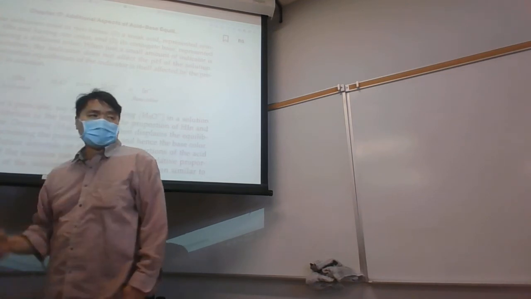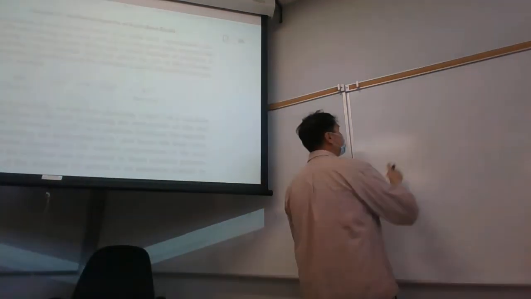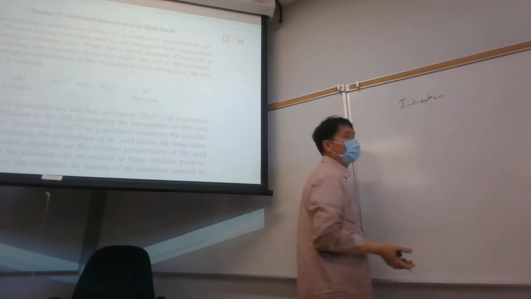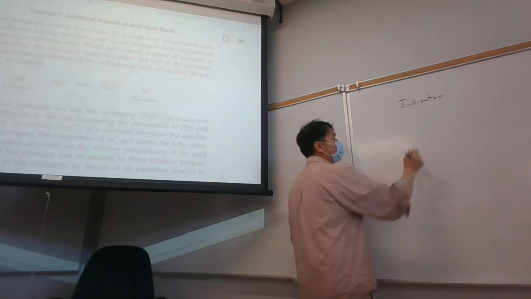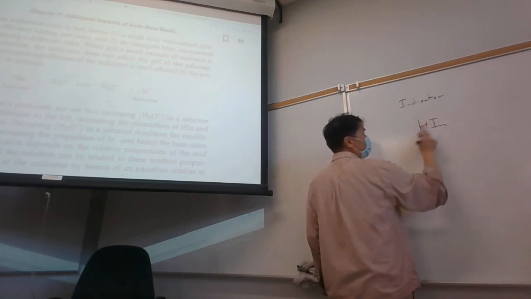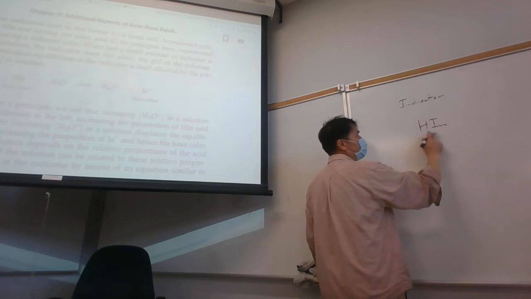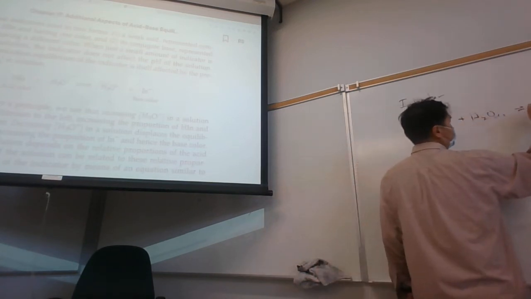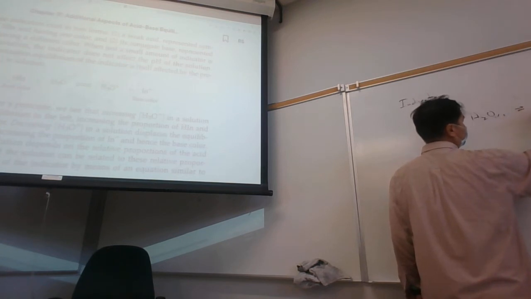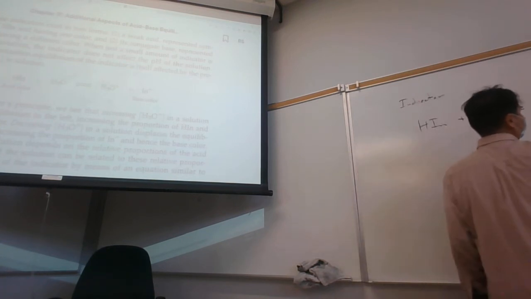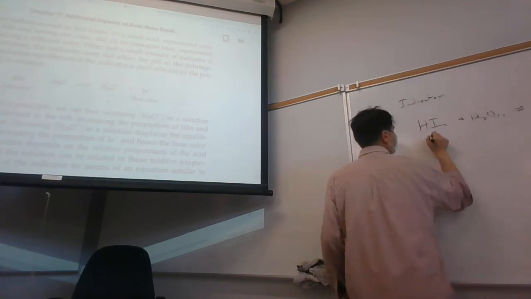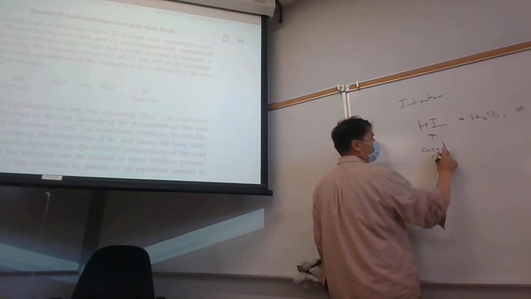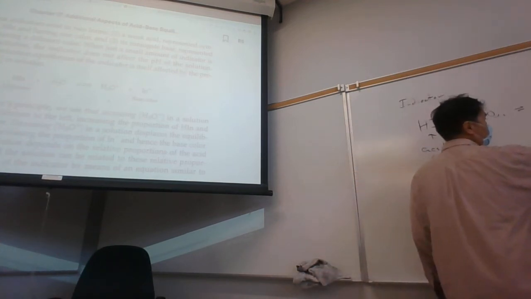And the thing about the indicator, like phenolphthalein, is it has a different color. So if I look at the acid form of phenolphthalein, which I'm just going to call HIn, versus the base color: for phenolphthalein, the acid color is colorless, and the base color is pink.